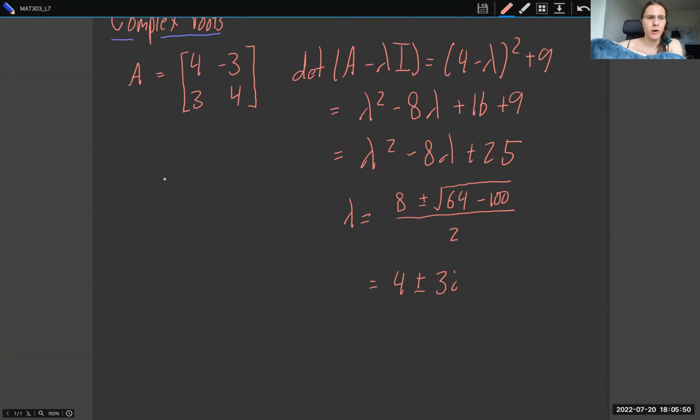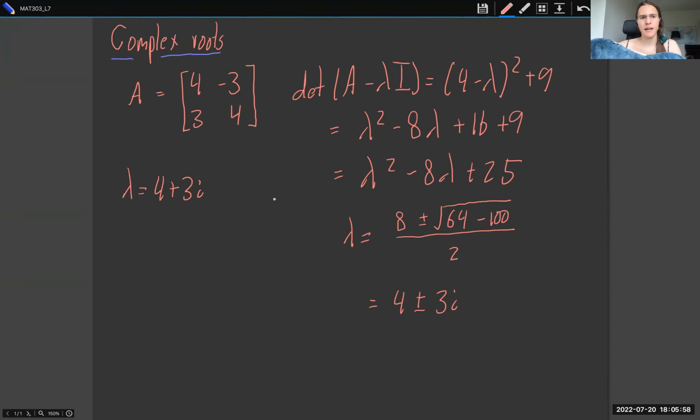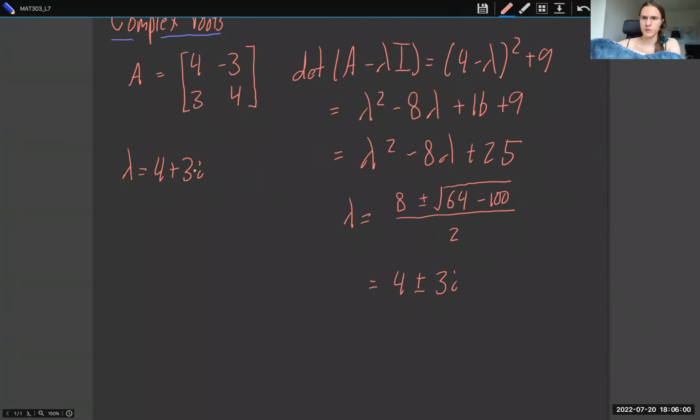Now, for lambda equals 4 plus 3i, let's find an eigenvector for this eigenvalue. What we're going to do is consider the kernel of the matrix minus 3i, minus 3; 3, minus 3i. I'm going to write it in this row reduction procedure.